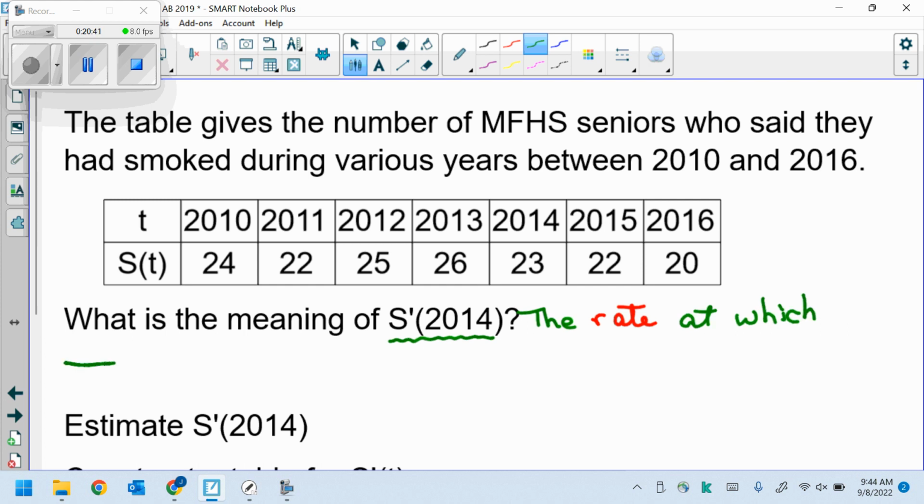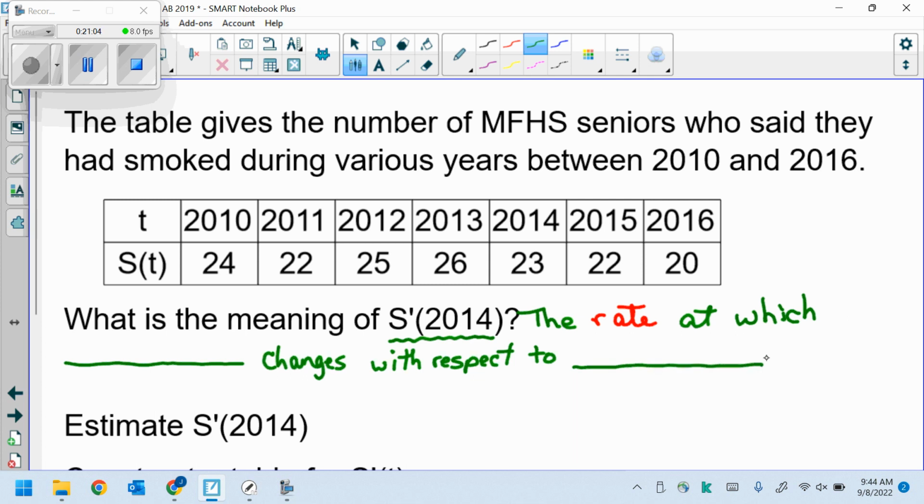The rate at which blank changes with respect to blank.